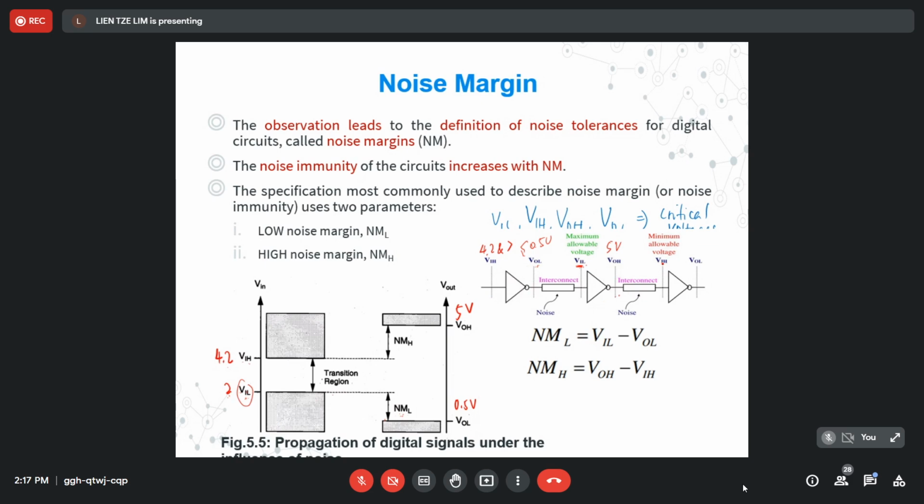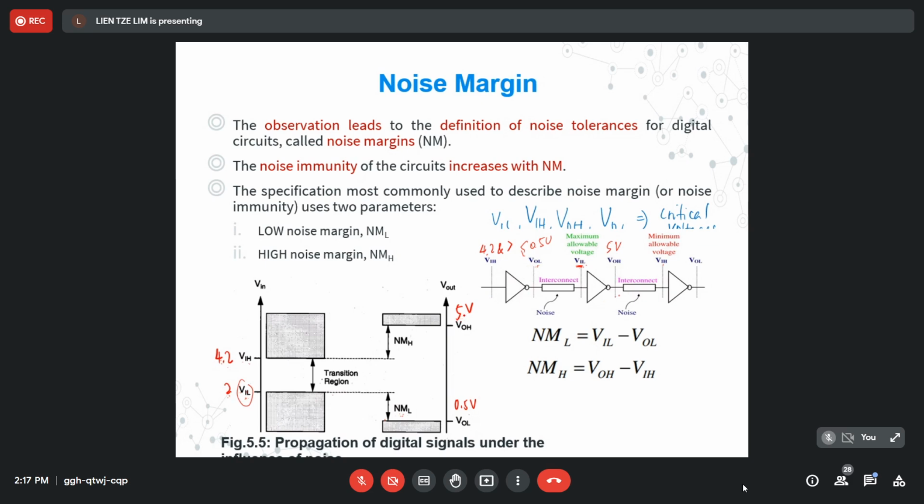Okay, we call it as input high. So this is input high, the value that is allowed to be interpreted correctly by the third inverter is 4.2. Initially it is 5 volt.